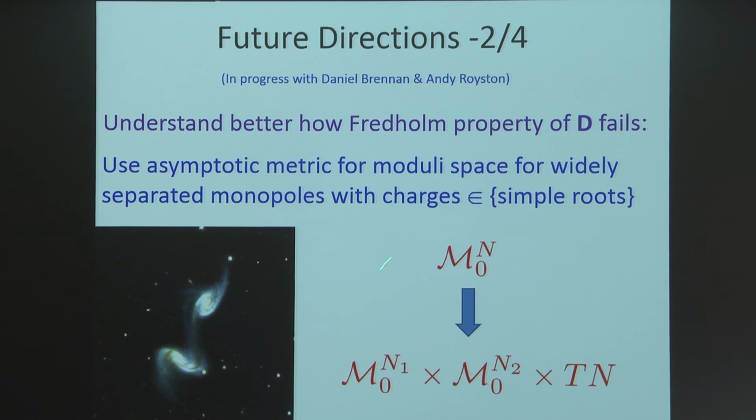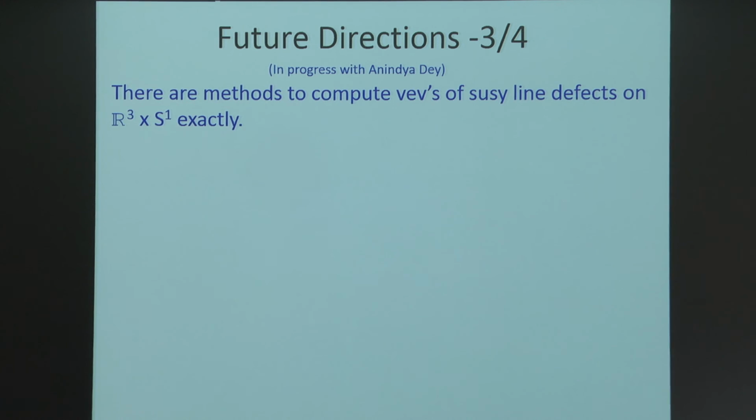In that case, the relative moduli space splits into two components and a four-dimensional space, which we think is Taub-NUT. So probably the Taub-NUT example is actually giving the universal picture for how wall crossing works, how the Fredholm property fails. So stay tuned. That's work in progress.